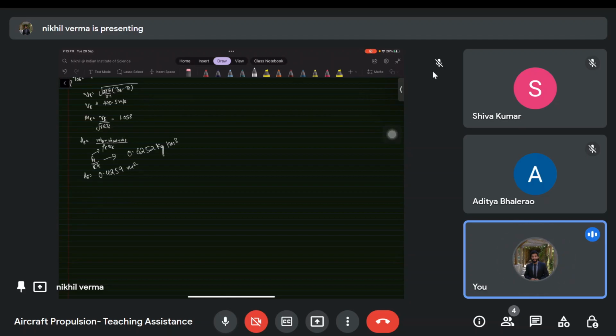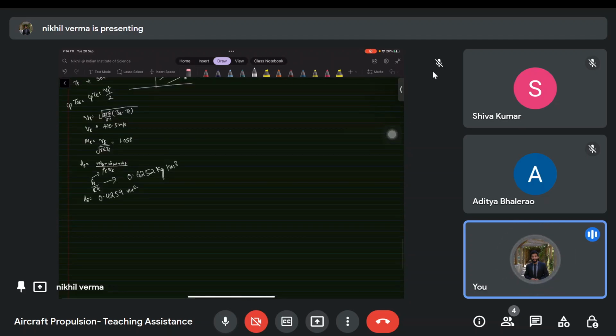Now the thrust equation for this part is m dot 8 u8 minus m dot a into u inlet, plus A8 into P8 minus Pa. This is the thrust developed by the hot stream.